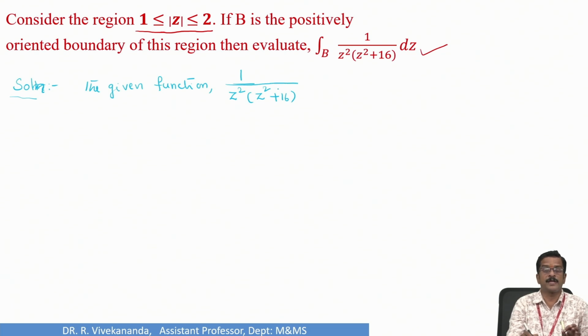Singular points means where the function is not differentiable. Evaluate the singular points by equating the denominator of the function to 0. The denominator of the function here is z square into z square plus 16. So you take z square into z square plus 16 equal to 0.